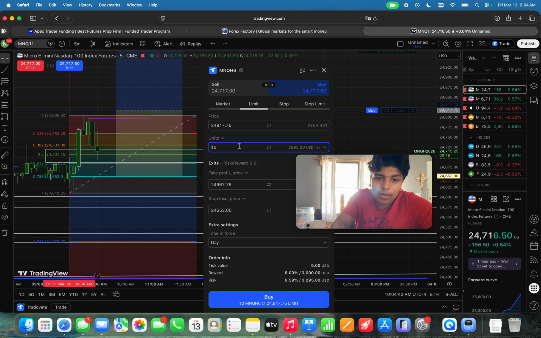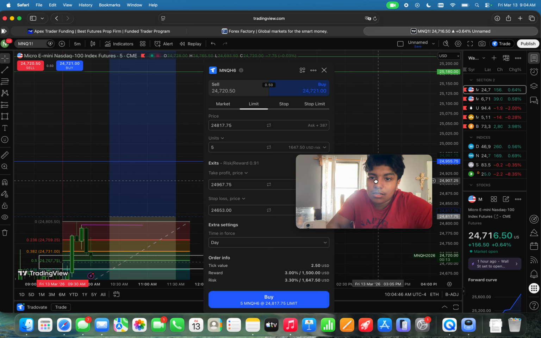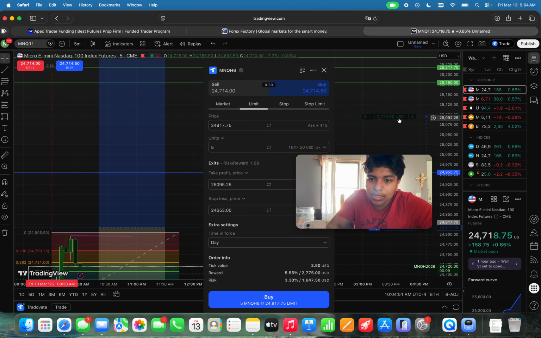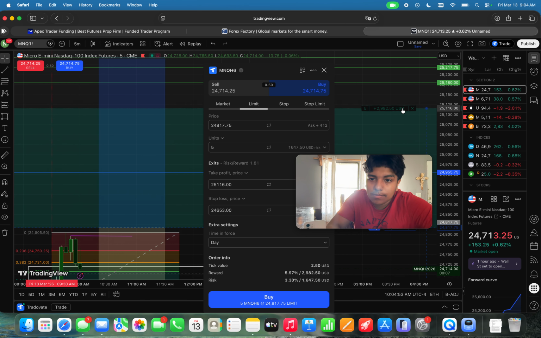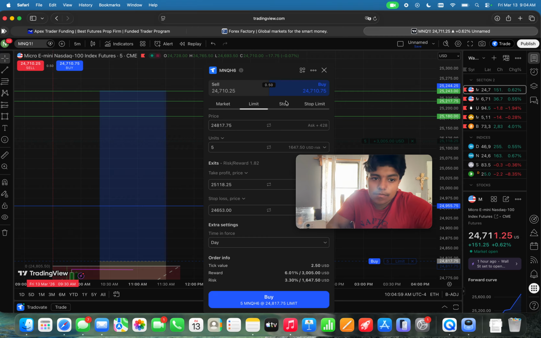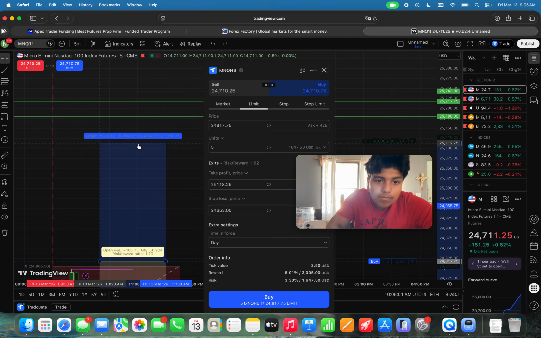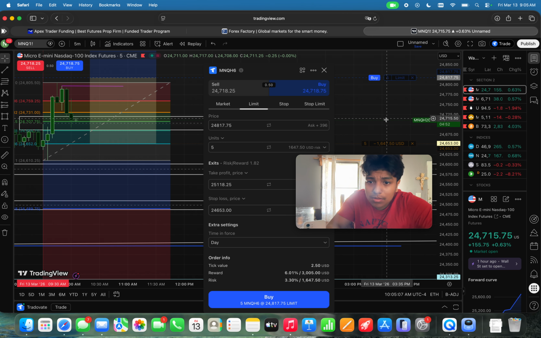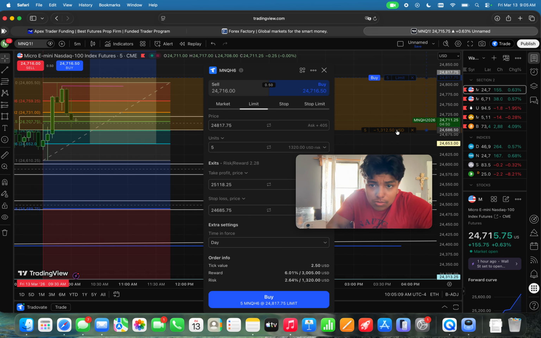Let's do 5, so that's gonna be half of that. 1.5, and then our position would be all the way up here for 3K. And then our stops, let's see our stop. We'll have it at like 1K.